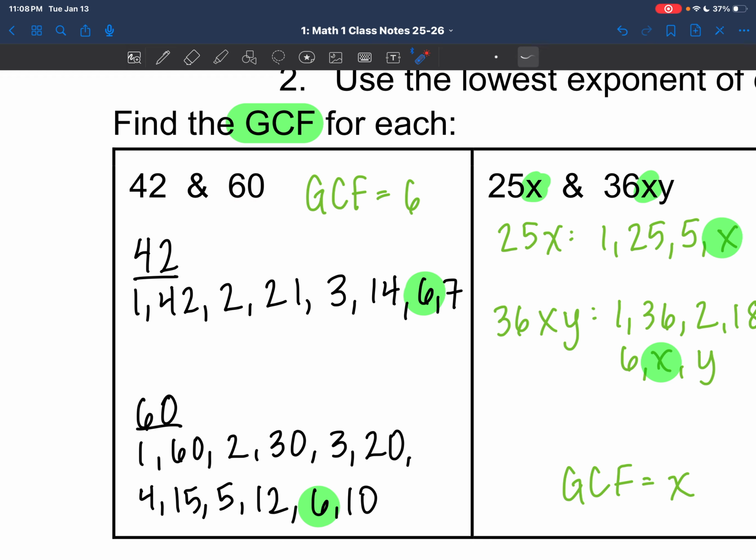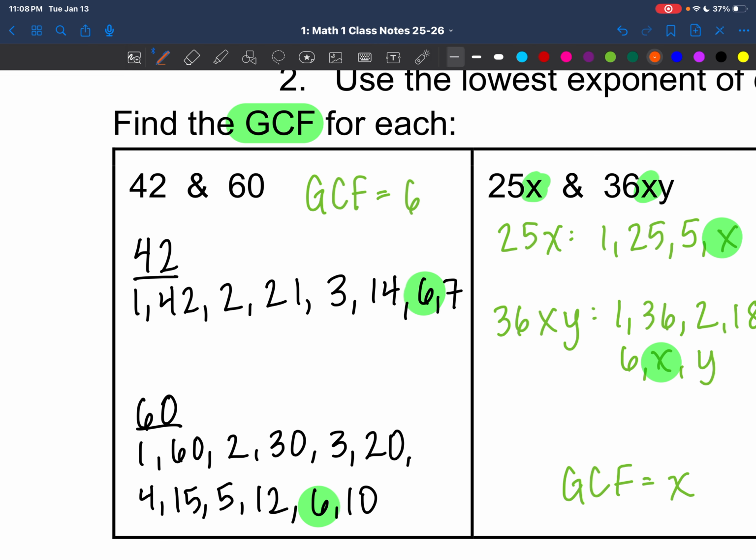Then we list all the factors of 60: 1 and 60, 2 times 30, 3 times 20, 4 times 15, 5 times 12, and 6 times 10. We look, and we see that they both have 6 in common, and that's the greatest number they have in common. So the greatest common factor is 6.